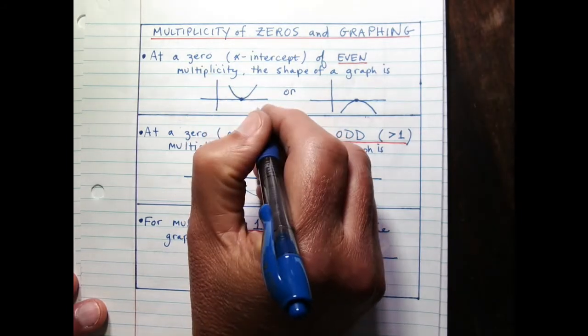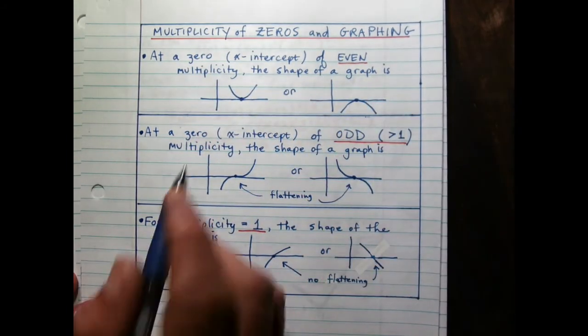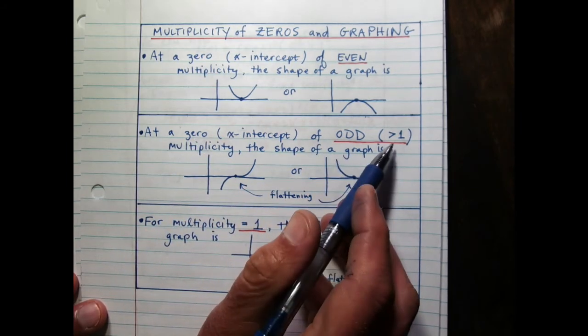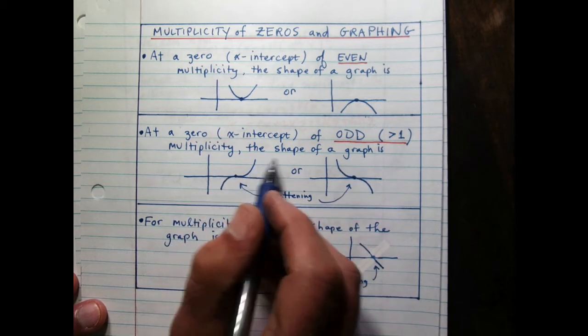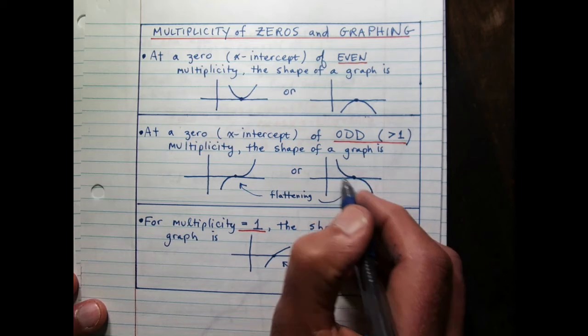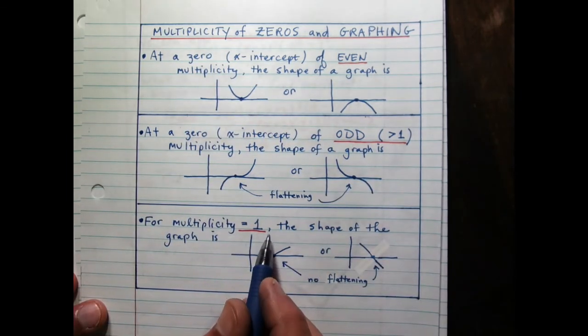But it doesn't cross the x-axis. It just bounces off above or bounces off below. At a zero of odd multiplicity greater than 1, the shape of the graph is going to be either like this or like that, again depending on where other points are located.